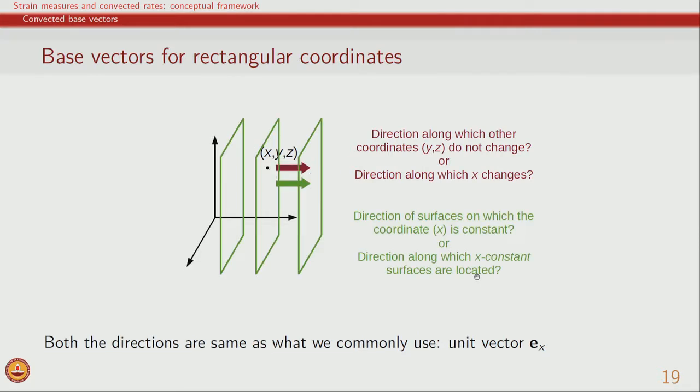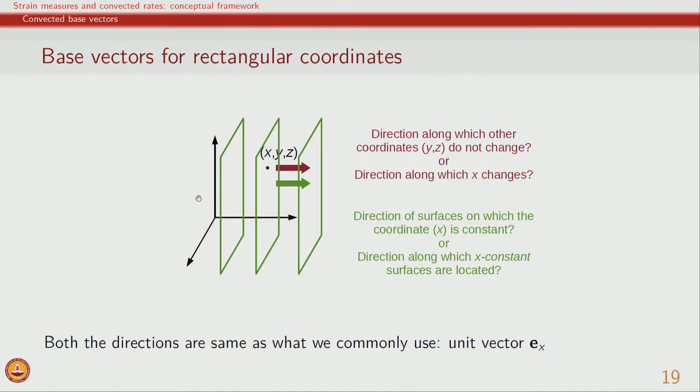Now, we could ask the next question: the direction of surfaces on which coordinate x is constant. These planes that are drawn in green are indicating that over this whole plane the value of x is one value. Similarly, on this plane the value of x is another value. However, all along a given plane the value of x remains constant, and so these are three different planes with three different constant values of x.